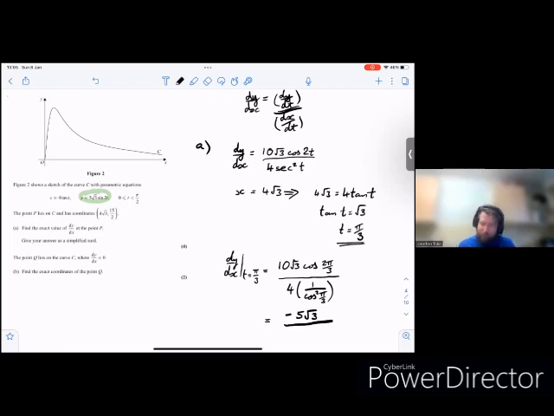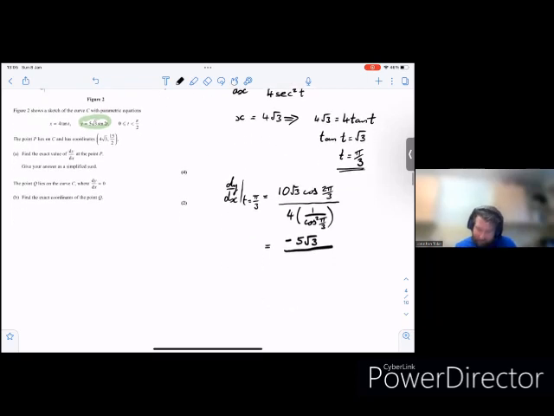And cos of pi over 3 is a half. So this is 4 times 1 over a half squared, which is 4 times 4, that is 16. So this becomes minus 5 root 3 over 16.